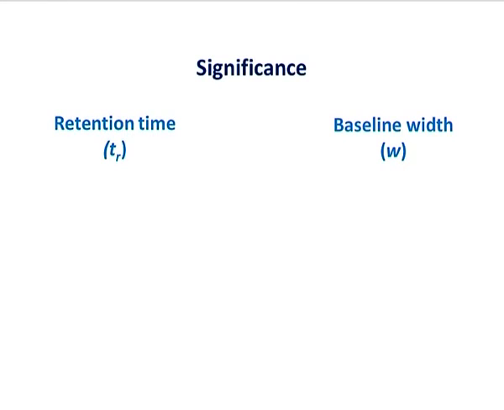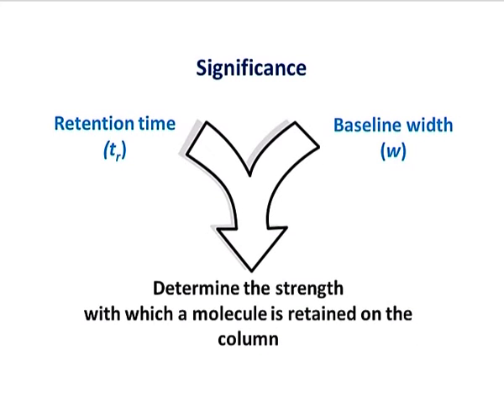So, these are a few terms which are important for us to derive certain equations and to know chromatography in more detail. The significance of both these terms, retention time and baseline width, is that they help us determine the strength with which a molecule is retained on the column. So, indirectly both these terms tell us about the interaction of the solutes with the mobile phase and with the stationary phase.